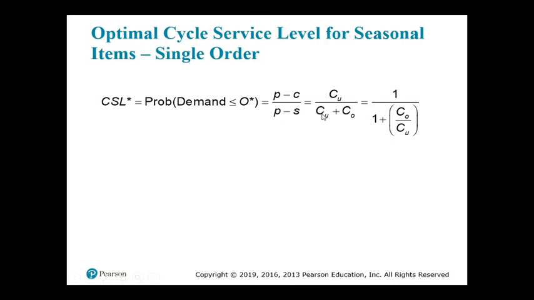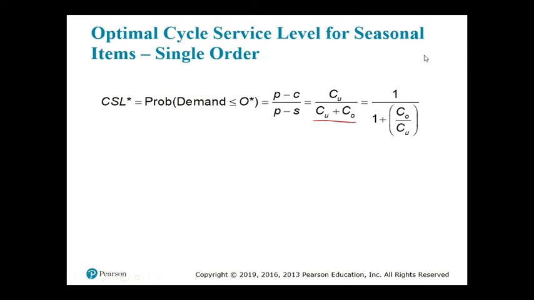If you have taken 580, you should be familiar with this formula, CU divided by CU plus CO. So basically the desired service level is dependent on the ratio between the cost of over-ordering and the cost of under-ordering.